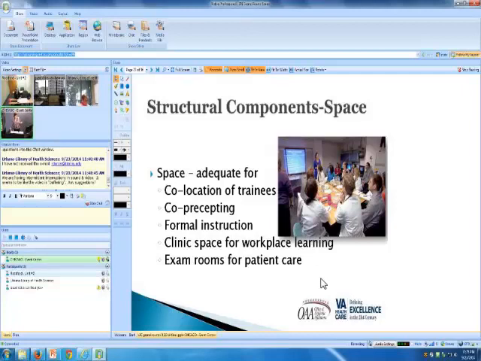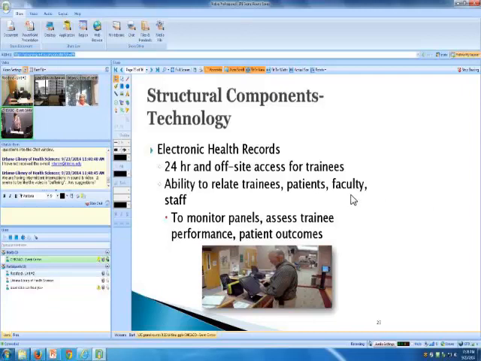Certainly having enough exam rooms is also very important. So these structural components of space are really important. The other thing is technology that some sites have struggled with a little bit.